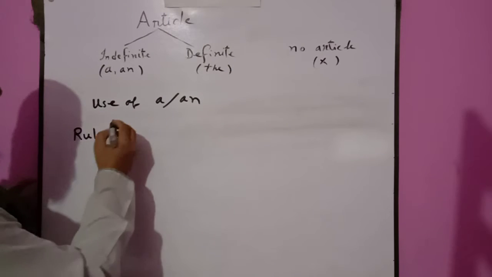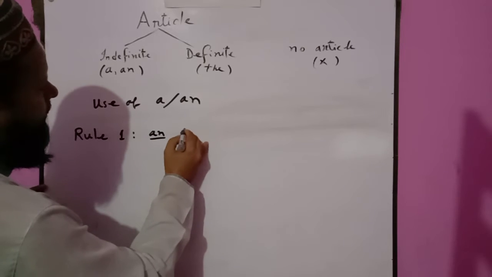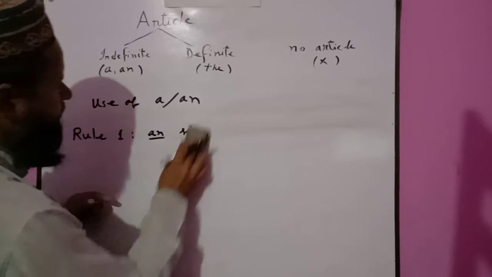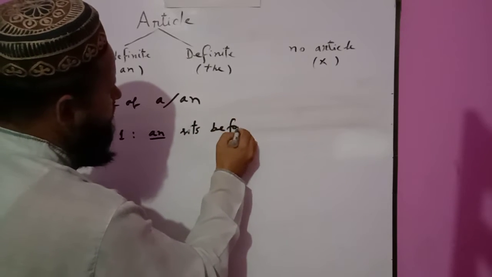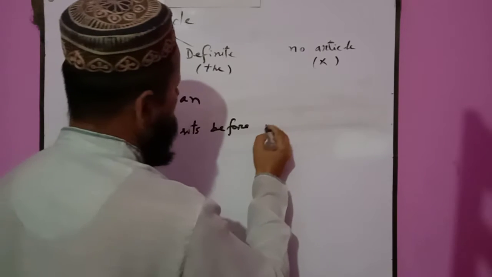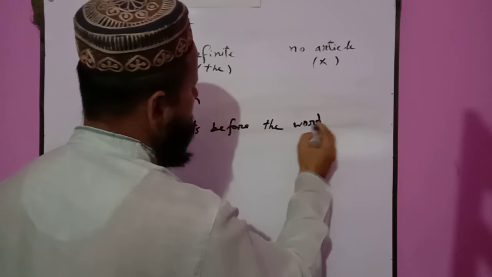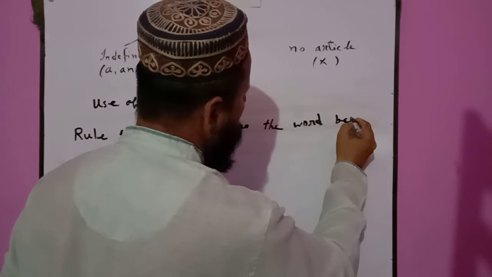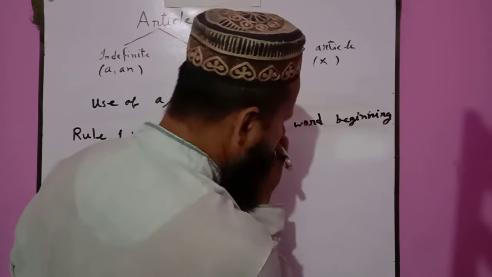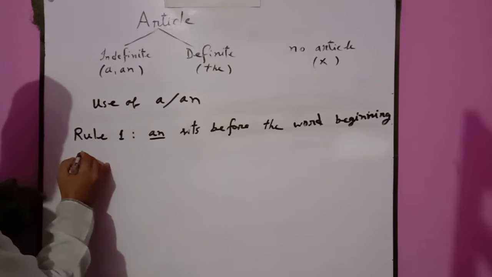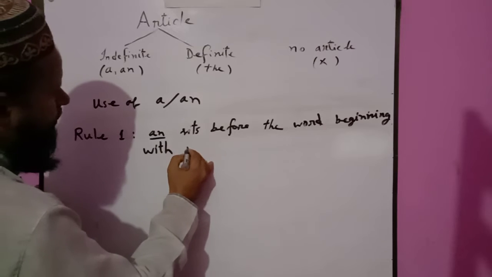Rule 1. An sits before the word beginning with vowel.